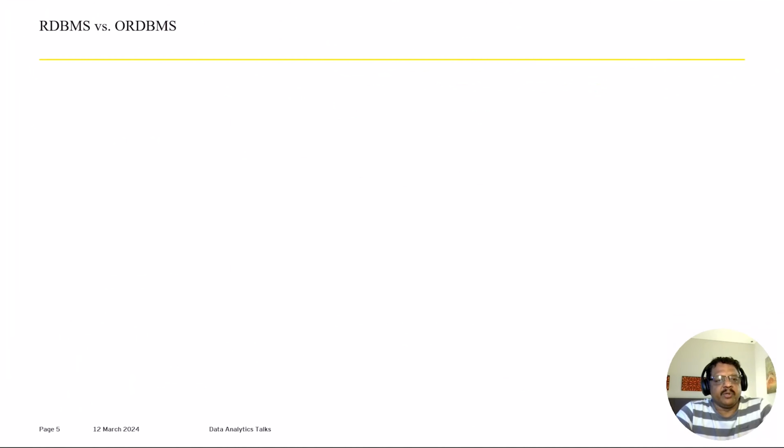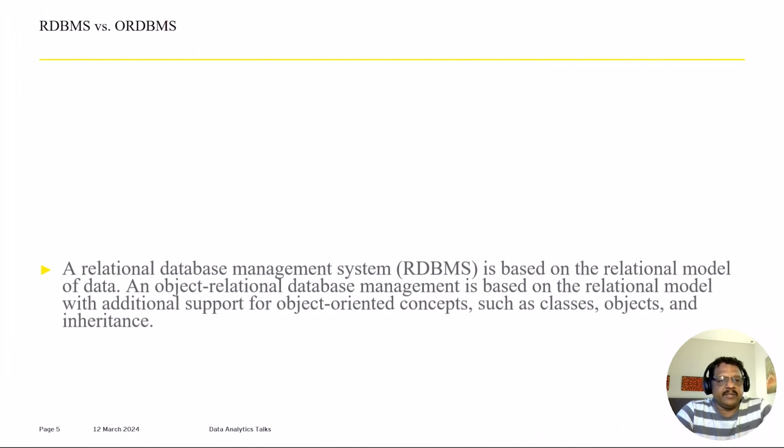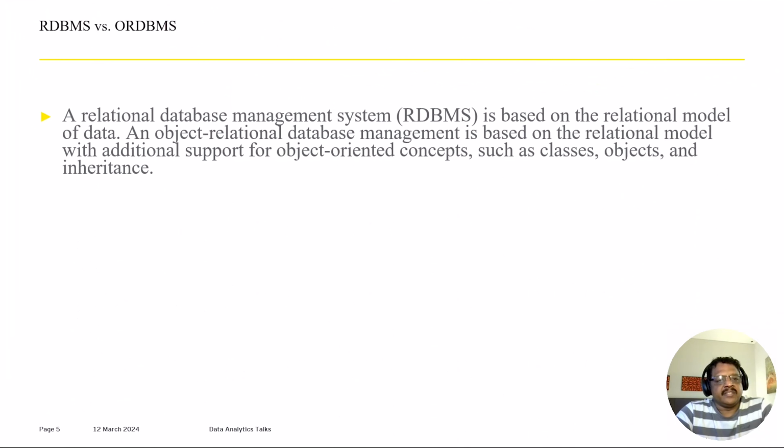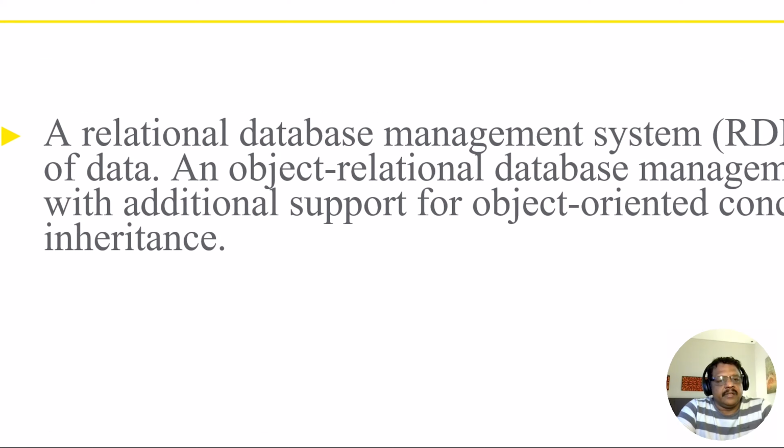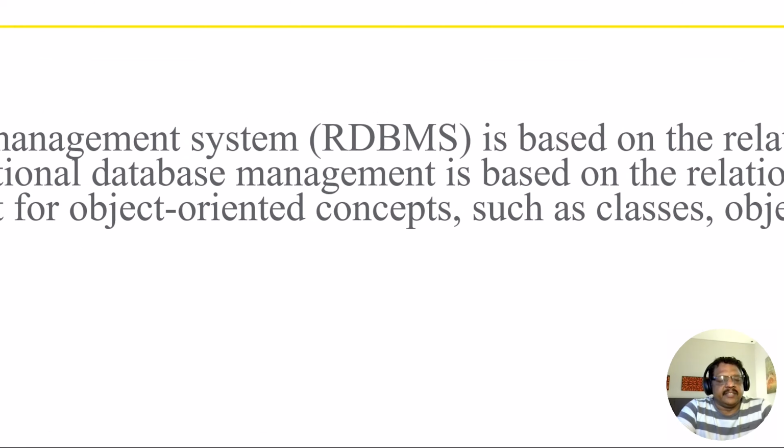So here we are talking about what is RDBMS and what is ORDBMS. So the RDBMS concept, a relational database management system, RDBMS, is based on the relational model of data. And object relational database management is based on the relational model with additional support for object-oriented concepts such as classes, objects, and inheritance.